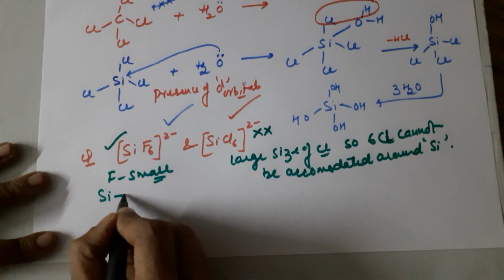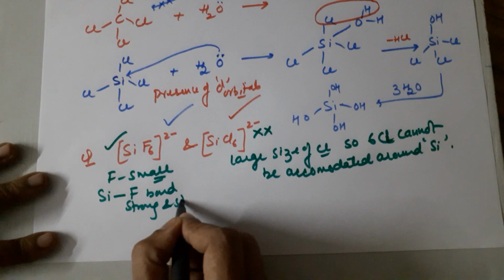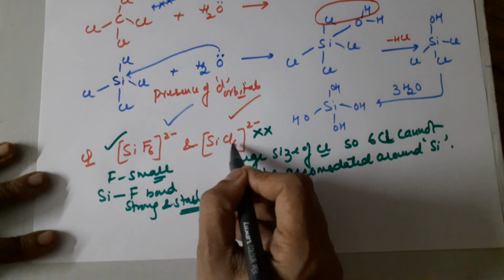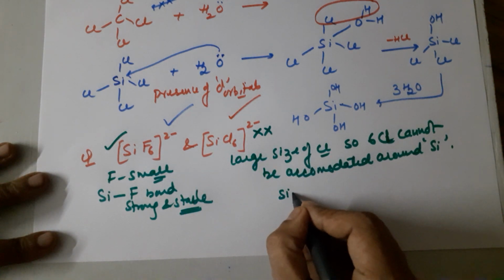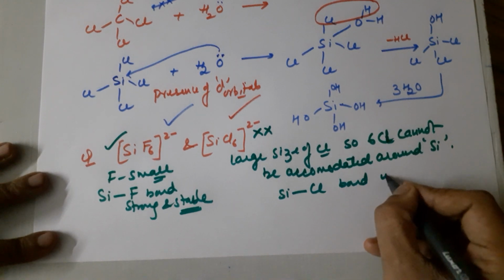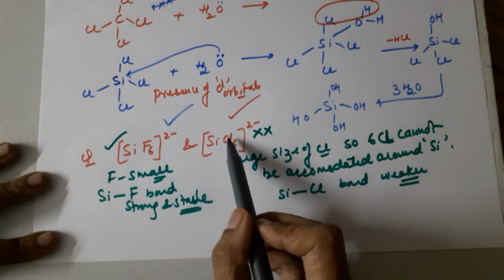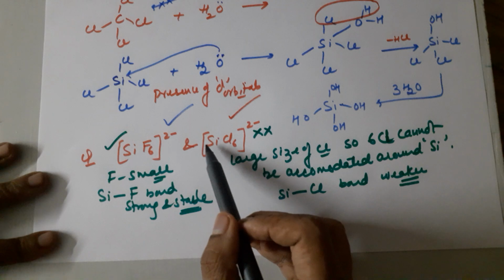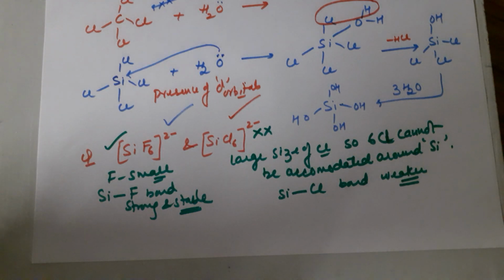Also, Si to F bond is strong and stable as compared to silicon to chlorine bond. Because of their larger size, the covalent bond is not that effective, while Si to Cl bond is weaker. So, 6 chlorines cause steric hindrance around silicon. They cannot adjust around silicon because of their large size, while 6 fluorines can easily accommodate or form bonds around silicon.